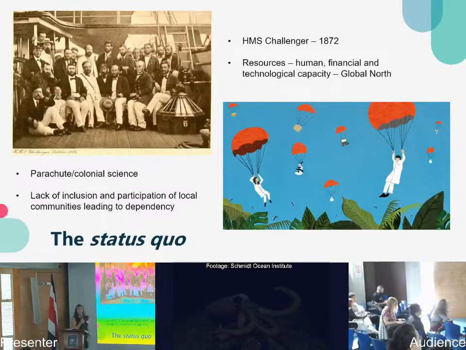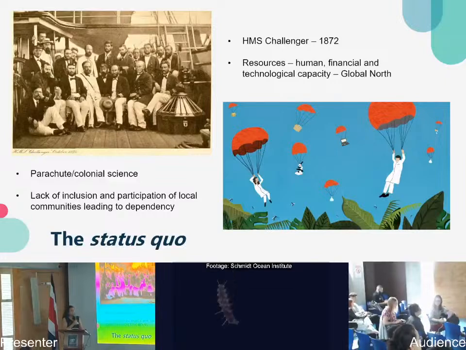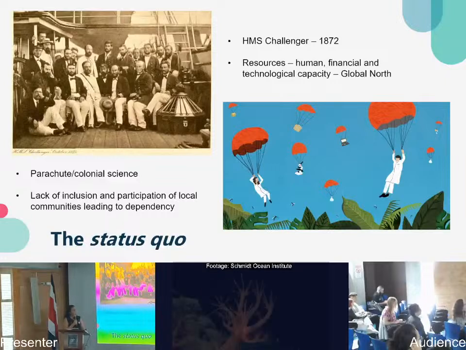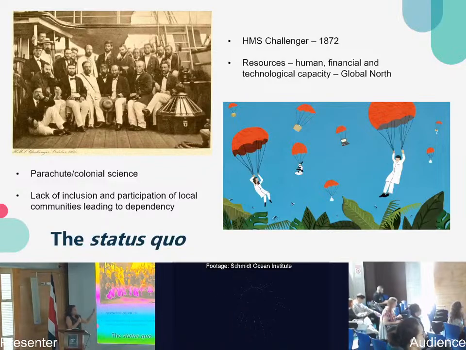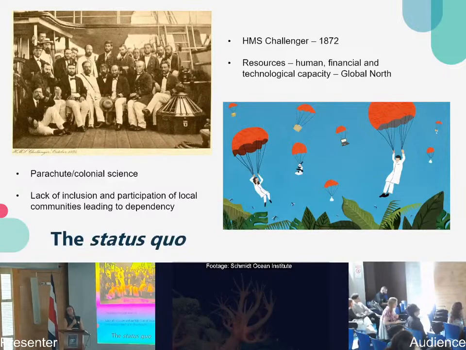But there is a story behind the advancement of human activities towards the deep ocean. Part of that started back in 1872 with the voyage of the HMS Challenger, which did research worldwide. As you can see in this picture, the crew of the HMS Challenger wasn't very diverse, and that's something that has been propagating through all the years.